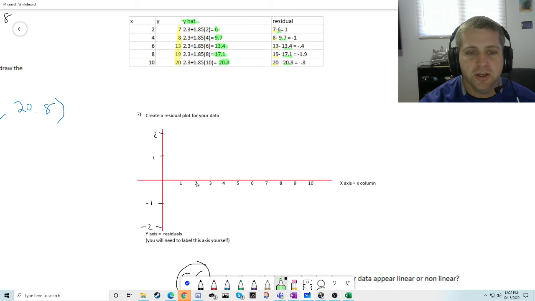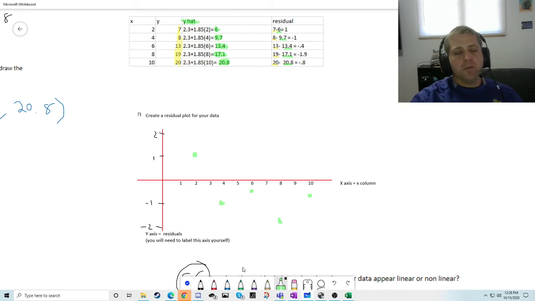At 2, I got a residual of 1. At 4, I got a residual of -1. At 6, I got a residual of -0.4. At 8, I got a residual of -1.9. And at 10, I got a residual of -0.8.